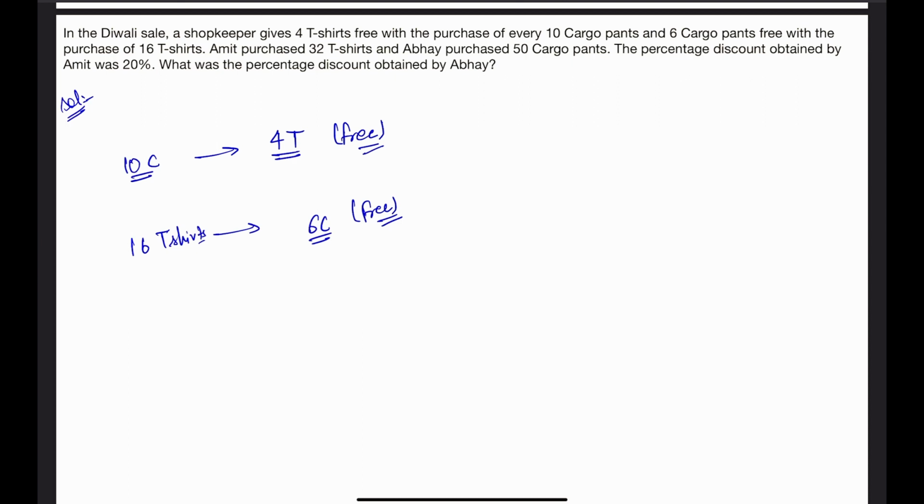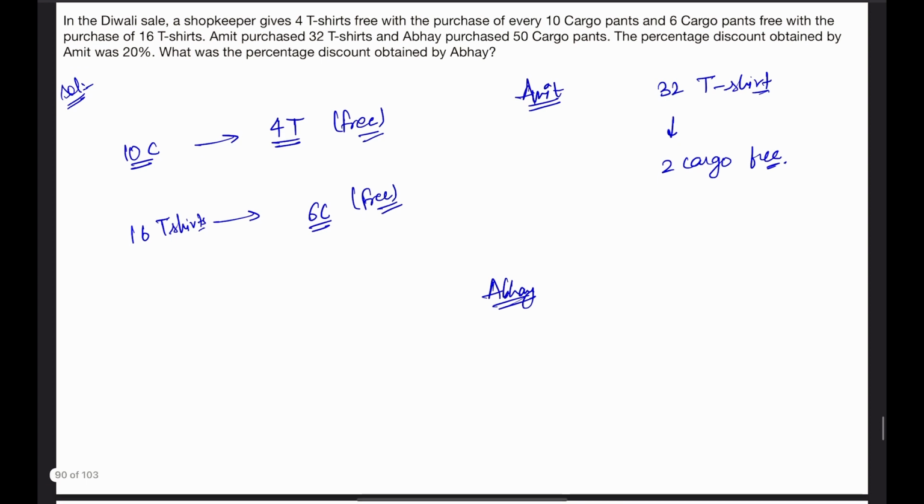So Amit purchased 32 t-shirts. So he will be getting 2 cargo free. Okay. And then about Abhay, it is said that Abhay purchases 50 cargo pants.